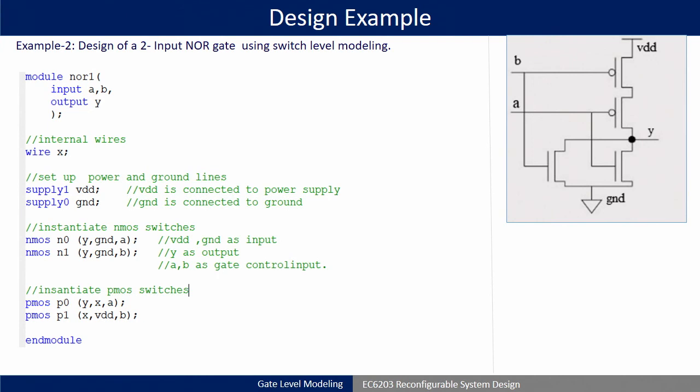One is primitive gate level modeling, which we are discussing now. Second is module instantiation, which we will see in detail in future classes. Third is switch level modeling, and the last one is user defined primitive. Out of these, switch level modeling and user defined primitives are not synthesizable. These are there only for simulation.